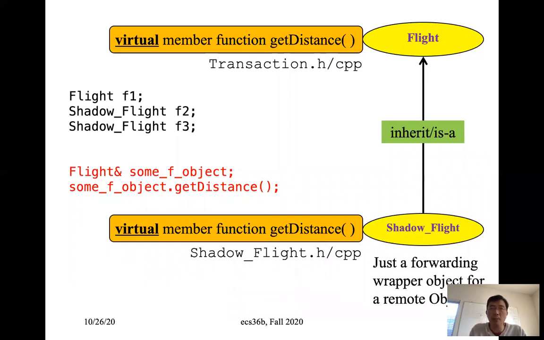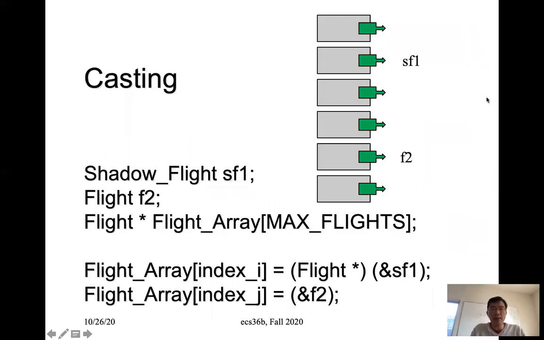Inheritance and polymorphism, which is the virtual function. Just to rephrase that, virtual function in C++ is the way of realizing the concept of polymorphism. Okay, so last time we talked about the concept of casting.